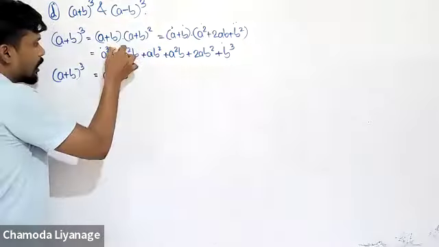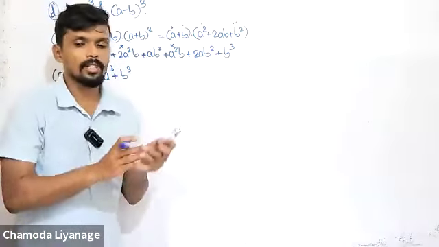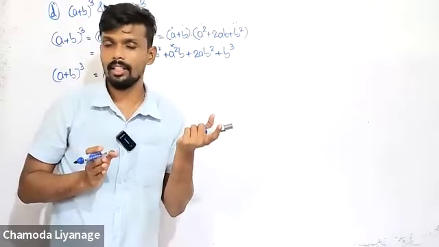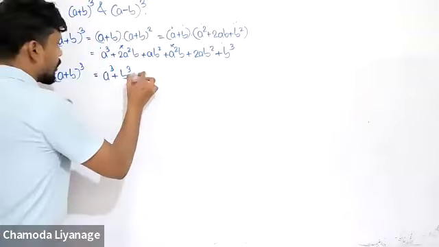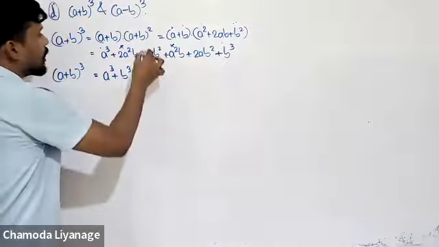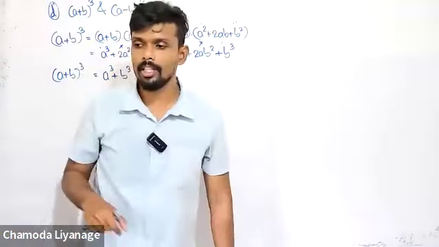After that, here 2a squared b, and there is another a squared b term. 2a squared b plus a squared b, what is the result? 3a squared b. Then I will write 3a squared b here. And the other terms are ab squared and 2ab squared. We get 3ab squared.